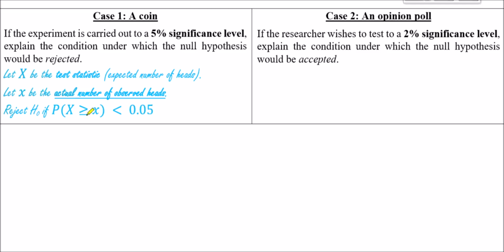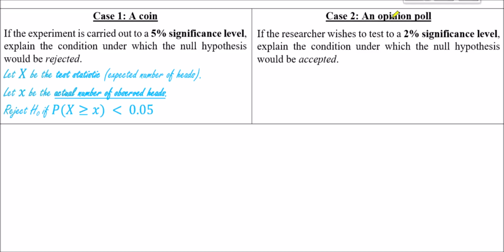That's when we would reject H0. We'd accept H0 if the chance of getting that many heads or greater was more than 5%. So although it may have been pretty unlikely, it wasn't that unlikely. We'd reject it if the chance of getting that many heads or more was really small, less than 5%.